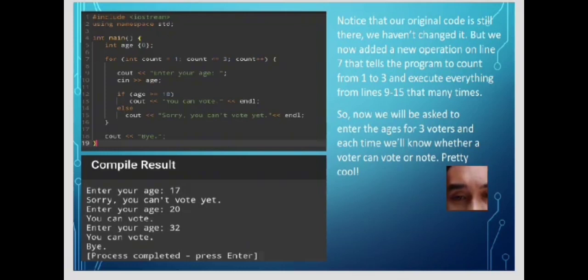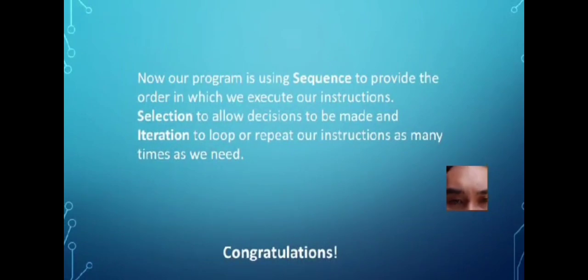So now we will be asked to enter the ages for 3 voters and each time we'll know whether a voter can vote or not. Now our program is using sequence to provide the order in which we execute our instructions, selection to allow decisions to be made, and iteration to loop or repeat our instructions as many times as we need. Thank you.